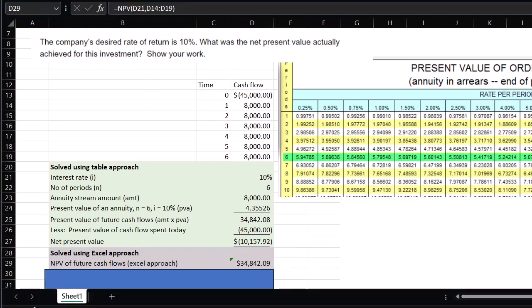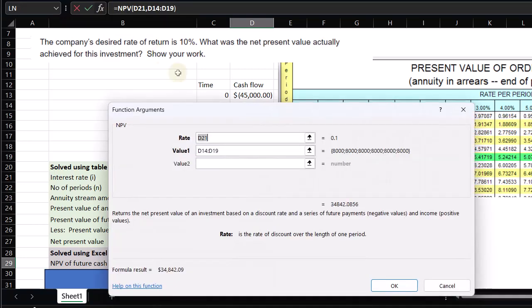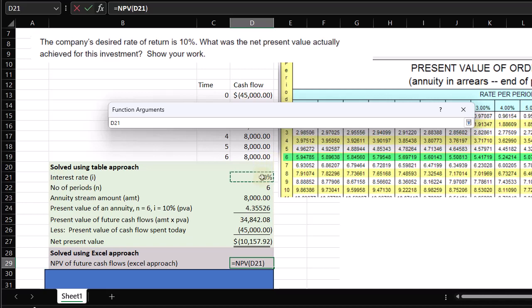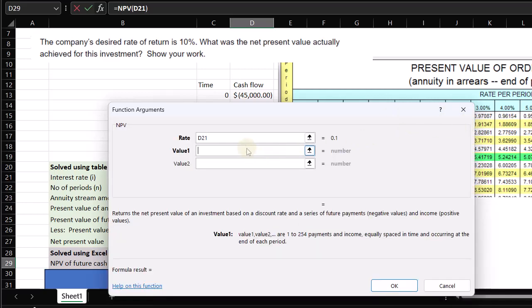I'm going to hit this insert function button. You see I've worked it ahead of time, but we can just work this from scratch. You'd hit the button, and then you'd ask, what's the rate? Well, the rate is given right there in cell D21. And then what are the values?